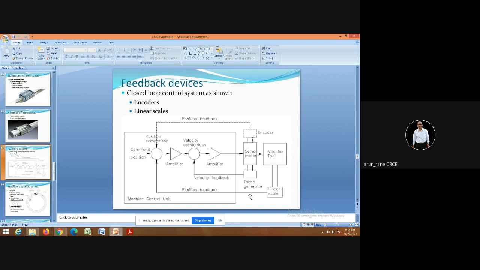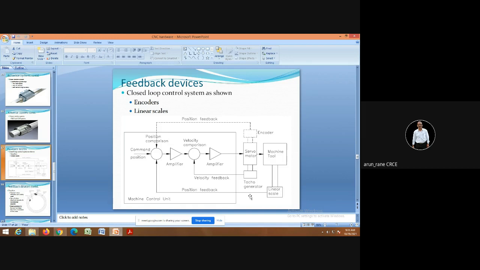Now the function of the tacho generator is to give the velocity feedback. Velocity feedback means whatever feed rate you are giving, feed rate is nothing but the velocity. Feed rates are given in millimeter per revolution or millimeter per minute. So velocity feedback will always give the current velocity.